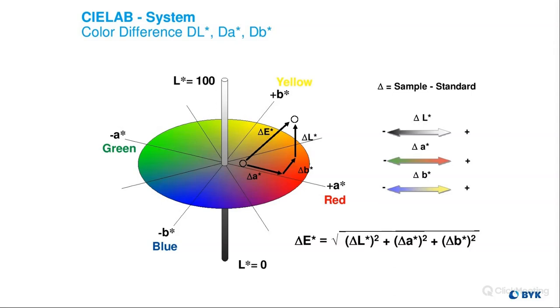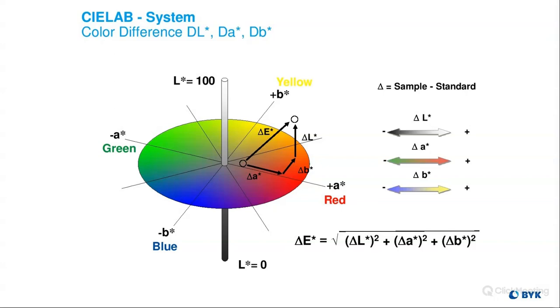And for our other axis, the L axis, at 0 it is completely black, and at 100, it's completely white. So this is essentially the CIE color system, where you can tell where you are in color space by the L, a, and b coordinates.